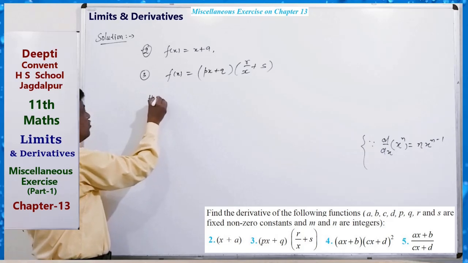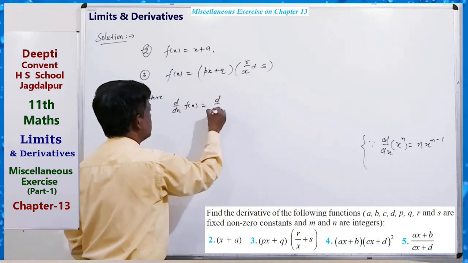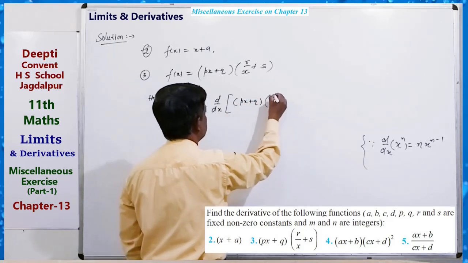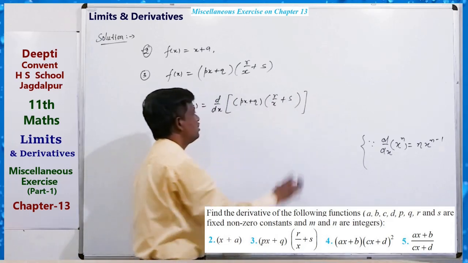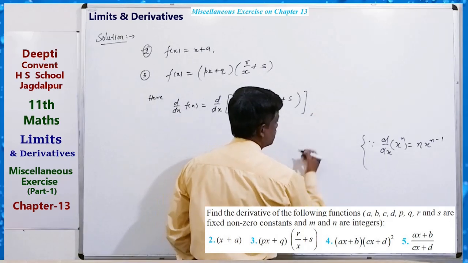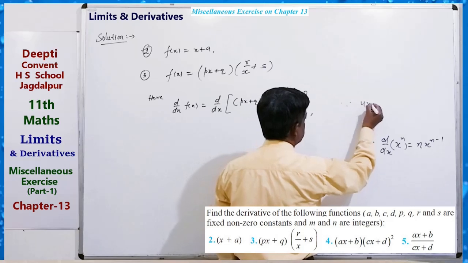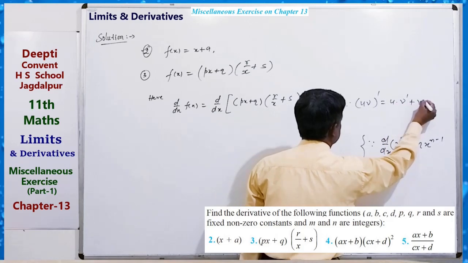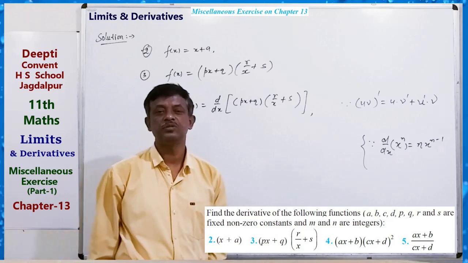So here d by dx of f(x) equals d by dx of (px + q) into (r by x + s). Here p, q, r, s are constants, x is the variable. So the product rule can be used. What is the product rule? (uv)' equals u into v' plus u' into v.